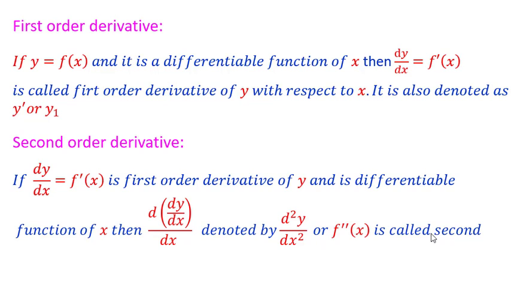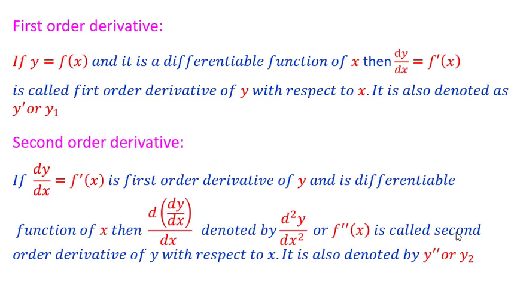This is called the second order derivative of y with respect to x. It is also denoted by y double dash or y2. So d square y upon dx square, f double dash x, y double dash or y2 are nothing but the second order derivative of y with respect to x.